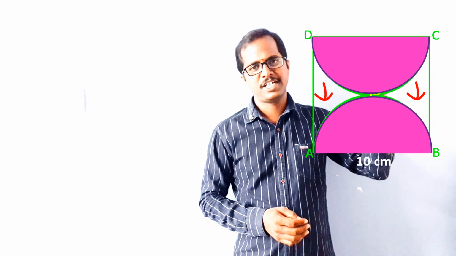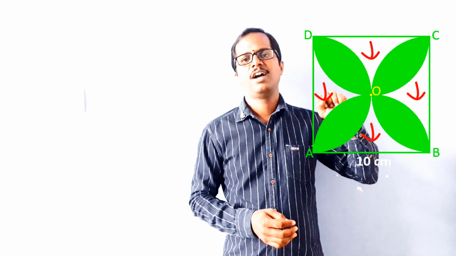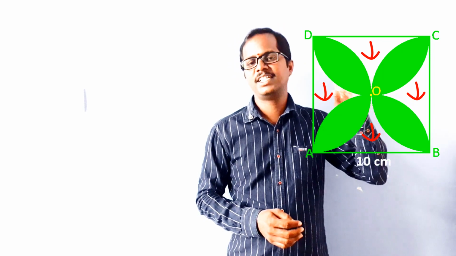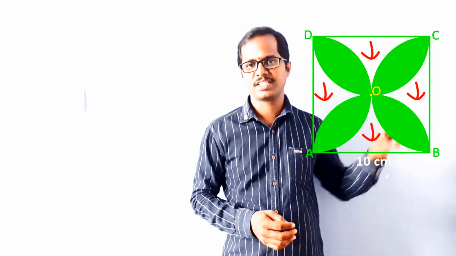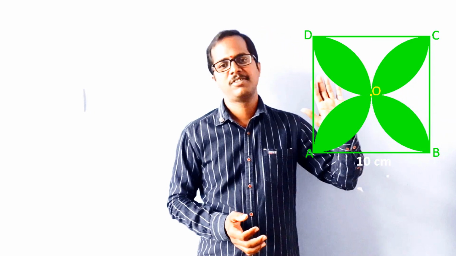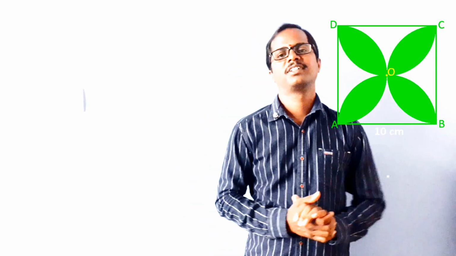After getting the unshaded portion of these two, we double it so that we get the total area of the unshaded portion. After getting that, subtract the area of the unshaded portion from the area of the square so that we get the area of the shaded portion. This is also one of the methods in doing this problem.